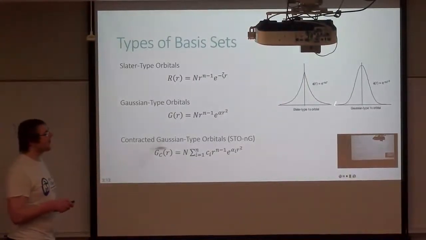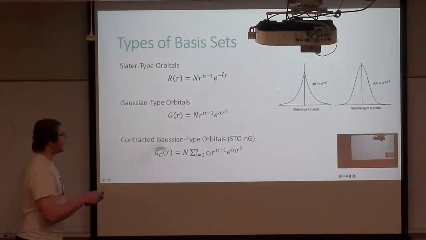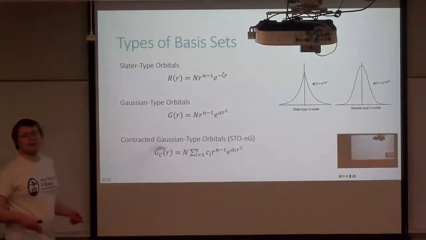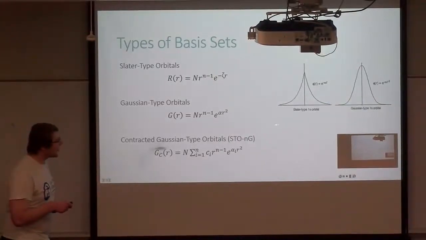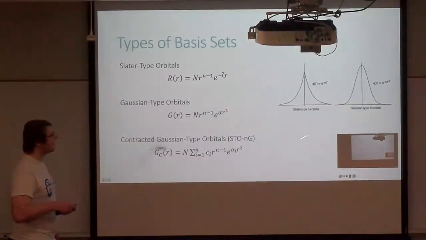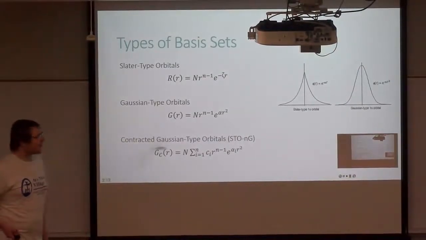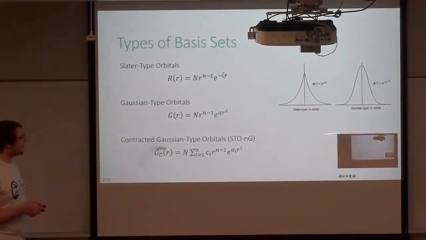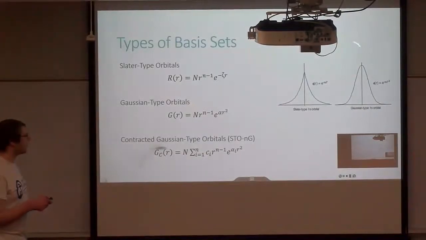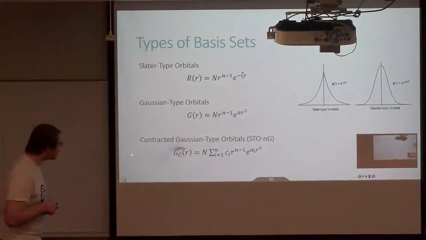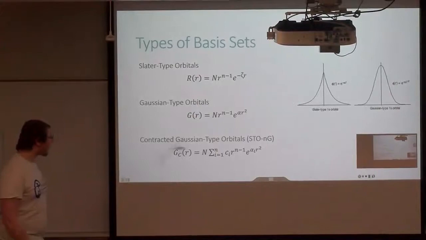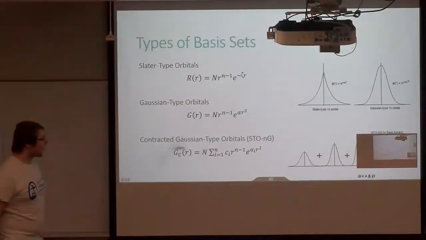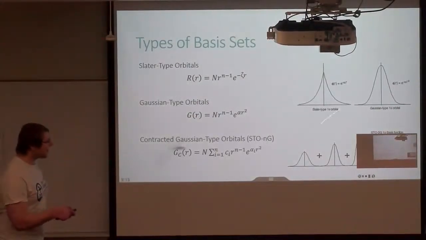This better represents actual electron density around a charge compared to the Gaussian, which is flatter on top, which is a problem because we want to use Gaussian, because Gaussian is a lot easier to use and a lot easier to do math with than Slater type orbitals, which is where the third type, contracted Gaussian type orbitals, come into play, and that covers it up.